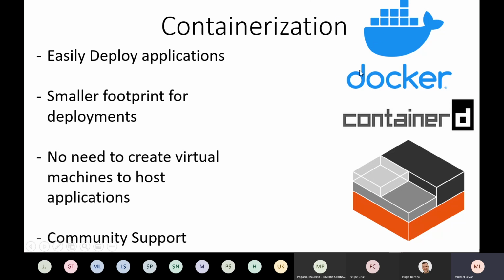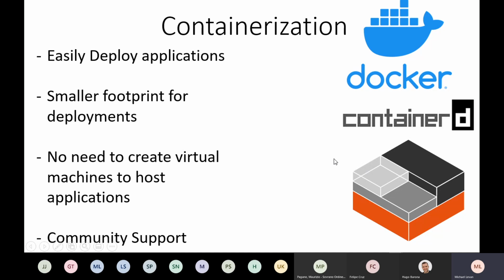So I did put a few images here. I'm sure we all have seen or have heard of the Docker whale. A few other things that I wanted to put in here, which you may not be aware of, is containerd, which is essentially not the orchestration, but the container engine that's running in the back end. And then this is an image of LXC.